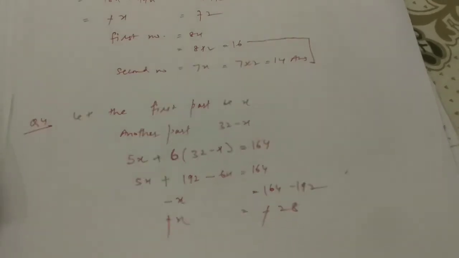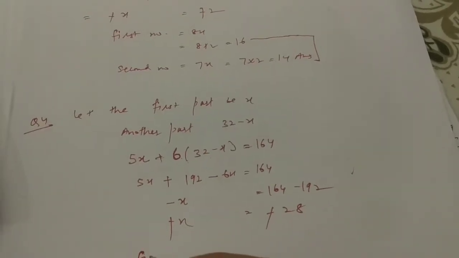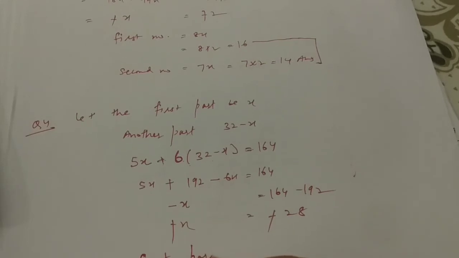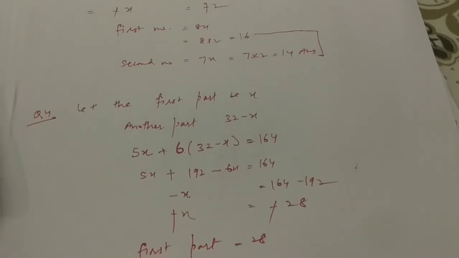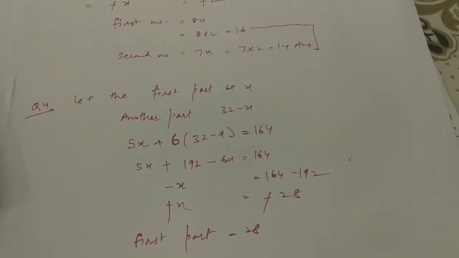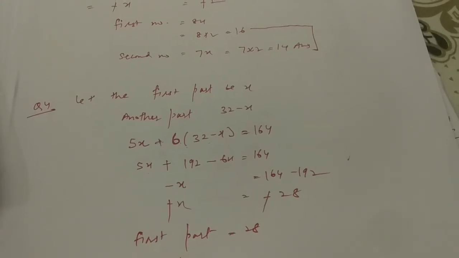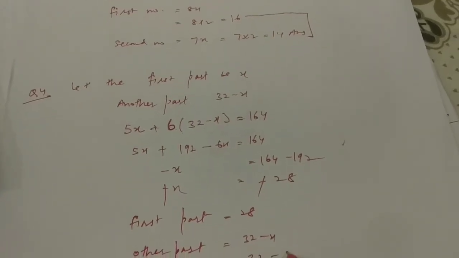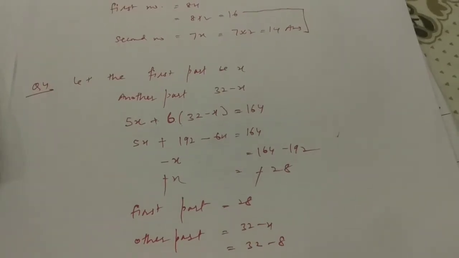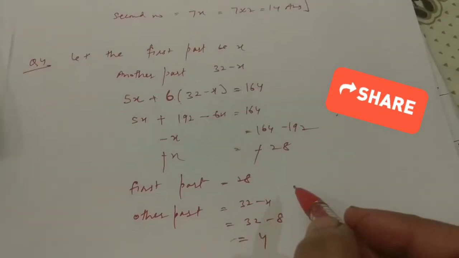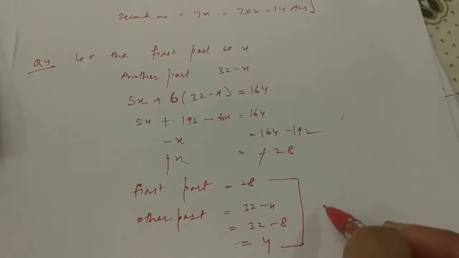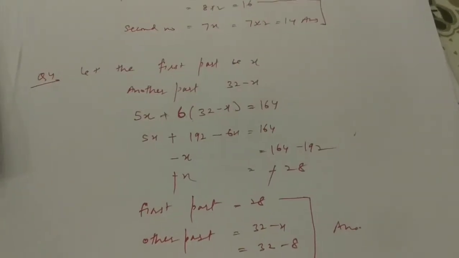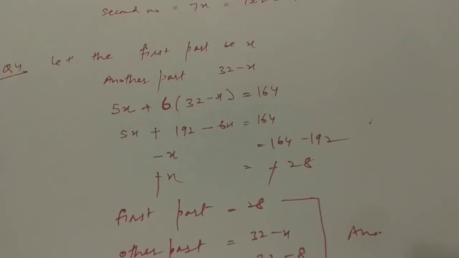So first part would become 28 and other part would become what? 32 minus x, that is 32 minus 28, would be equal to 4. So these both are answers. Have a full glance of question number 4.